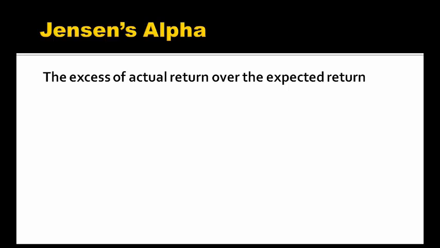What you get as the result, that is the performance of the mutual fund. Okay, as per the Jensen alpha, the performance of the mutual fund is actual return minus expected return, meaning the excess of actual return over the expected return.